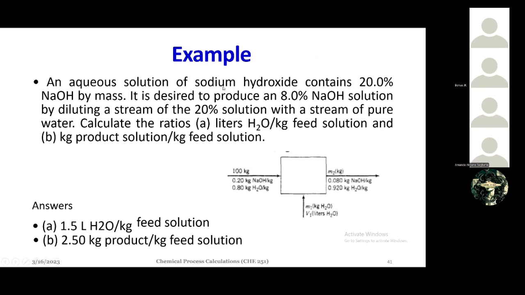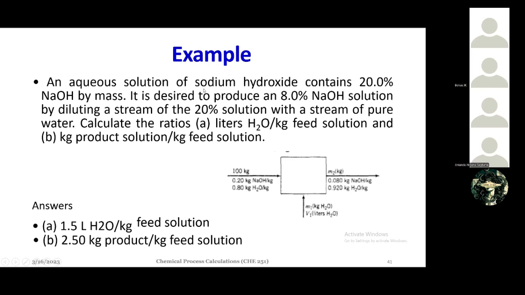An aqueous solution of sodium hydroxide contains 20% sodium hydroxide by mass. It is desired to produce an 8% sodium hydroxide solution by diluting a stream of the 20% solution with a stream of pure water. So now let's take note. This is our process unit. And then the first part of the question is an aqueous solution of sodium hydroxide.